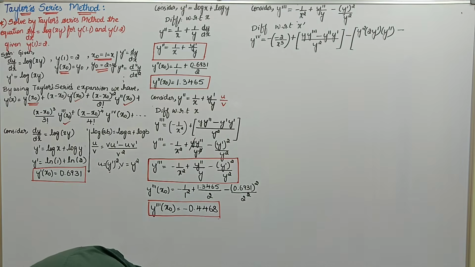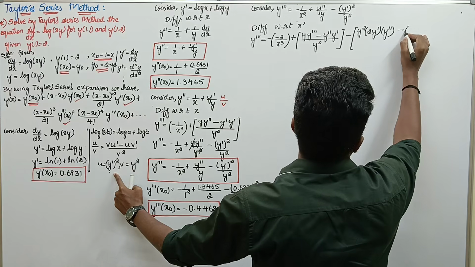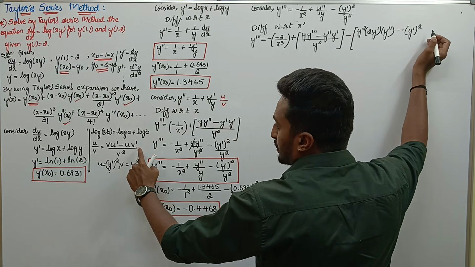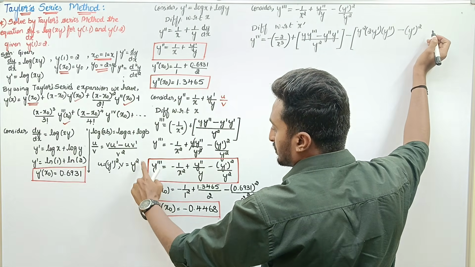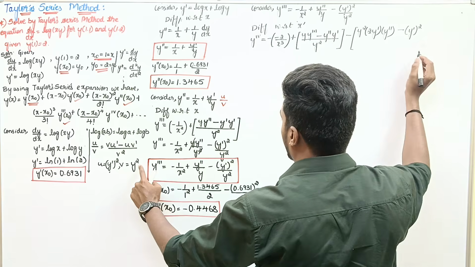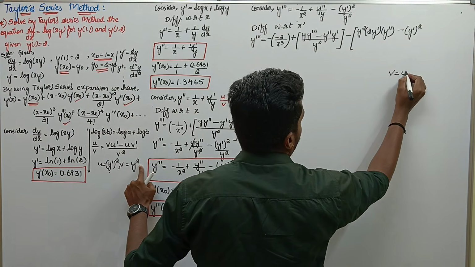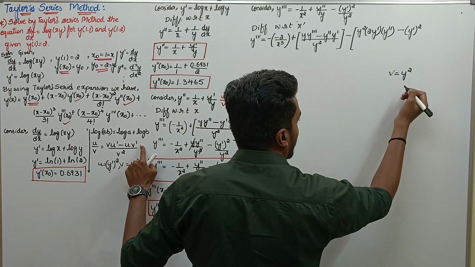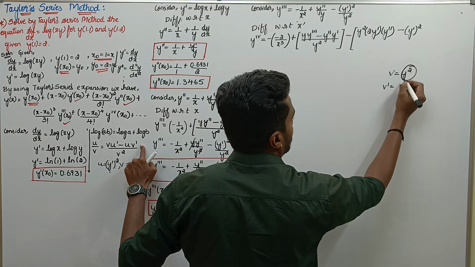Minus, next the minus u. What is u? Y dash the whole square. Next v dash. What is v dash? I need to differentiate v, which is y square, because I need v dash. It is very easy. V dash means first differentiate the whole term.